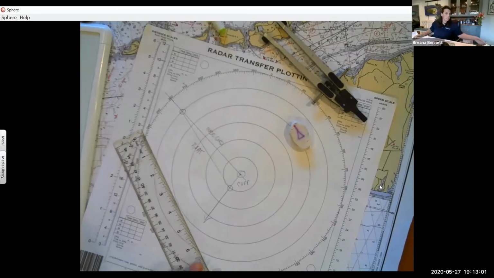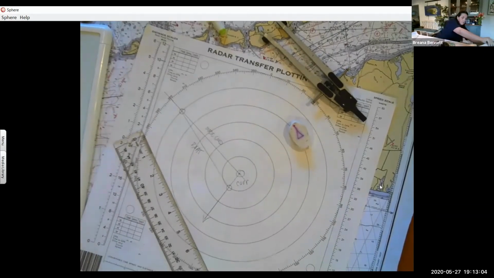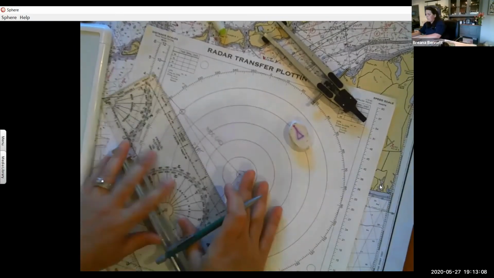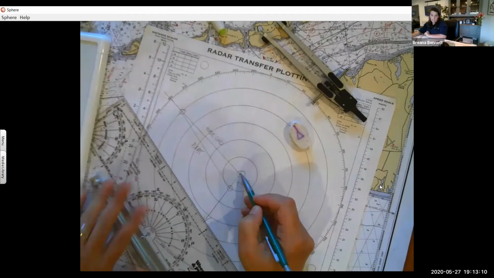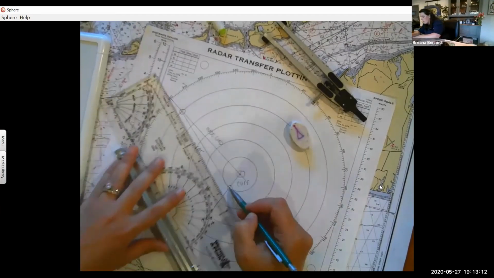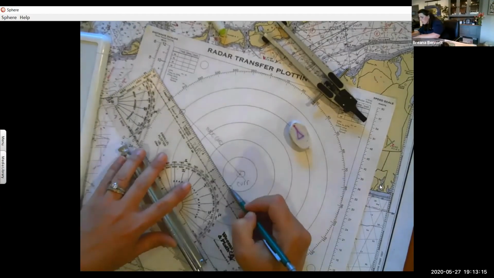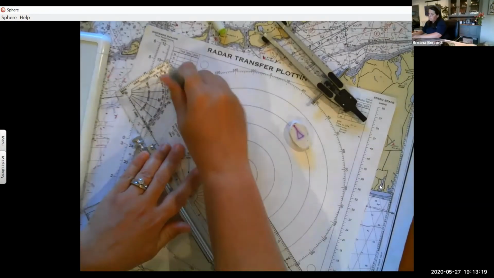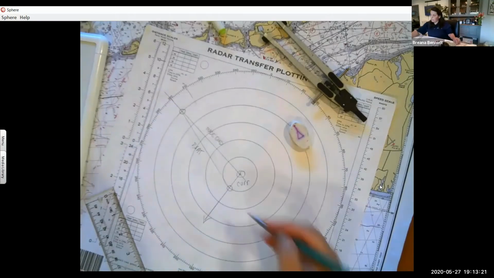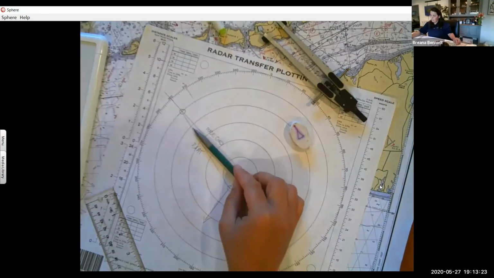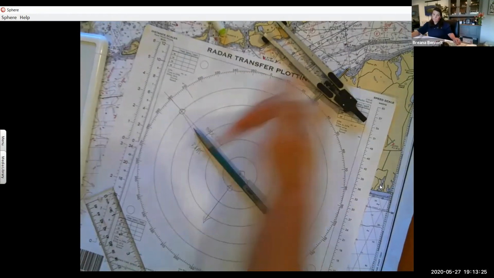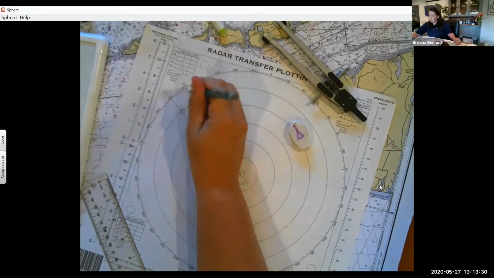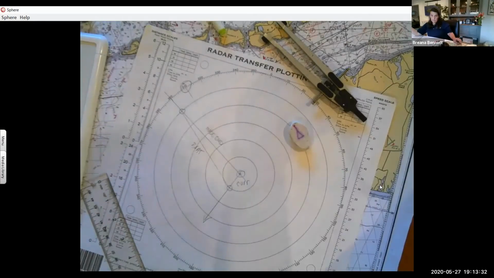For direction, on a radar plotting sheet, you always have to take the direction from the center. So we move it to the center. This makes sense: if current was pushing me this way, I need to steer into the current. So I need to change course to about 310.